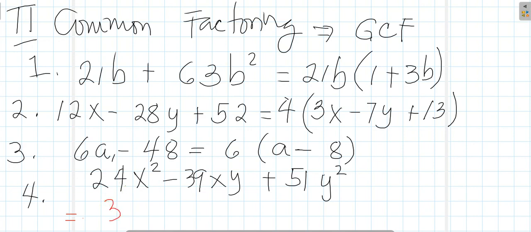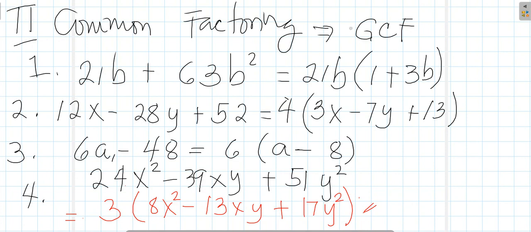So 3, and then divide. 24 divided by 3 is 8x squared minus 39 divided by 3 is equal to 13xy plus 51 divided by 3 is 17y squared. So therefore, this is now the factor.